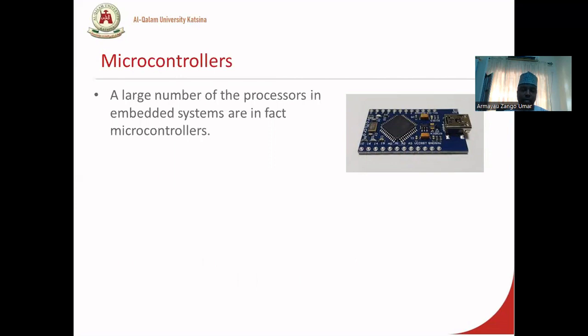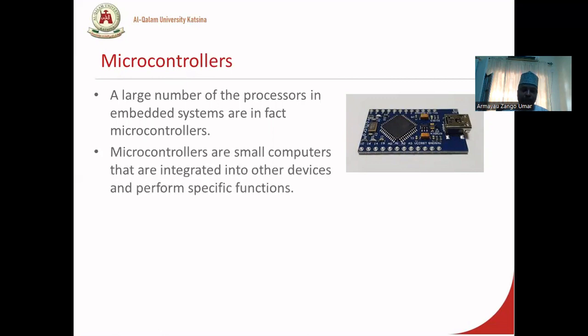Mostly the processors have some add-on peripherals, and then they are called microcontrollers. That's why we say a large number of processors in embedded systems are in fact microcontrollers, because microcontrollers are small computers that are integrated into other devices and perform specific functions.